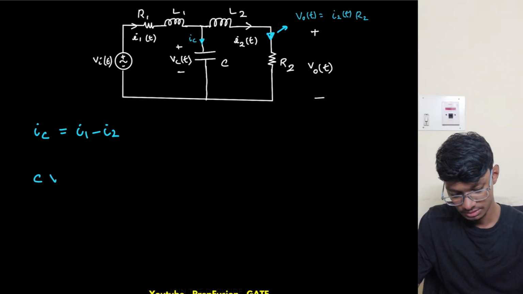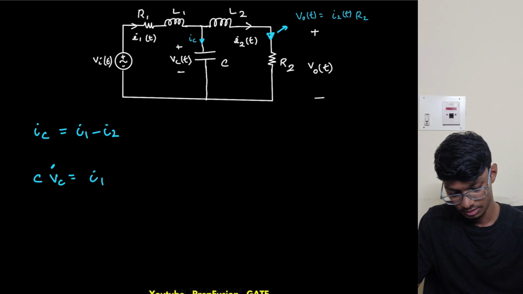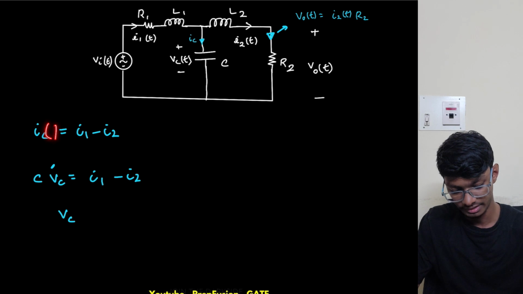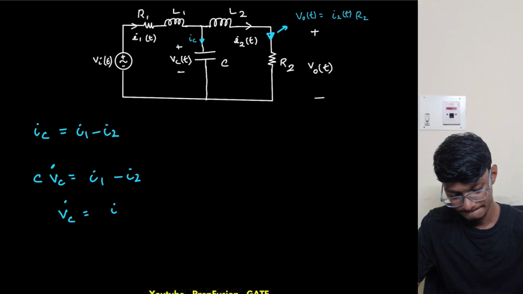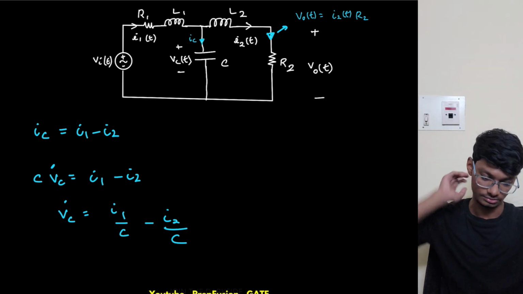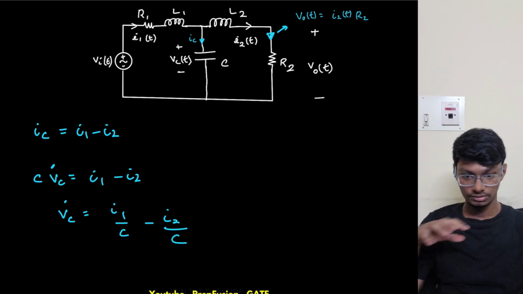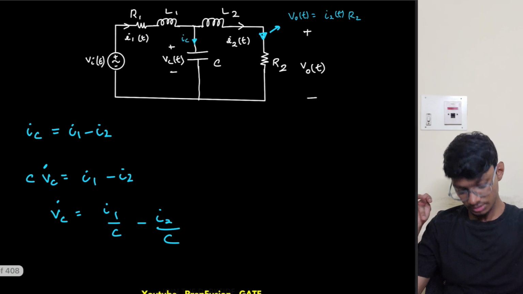So C Vc dot equals I1 minus I2. So Vc dot equals I1 by C minus I2 by C. This is understandable. This is what the voltage equation is.